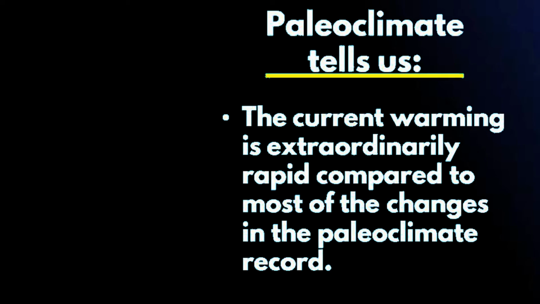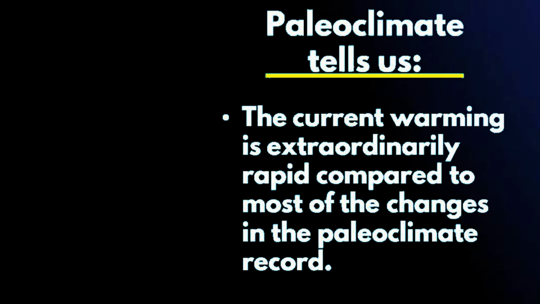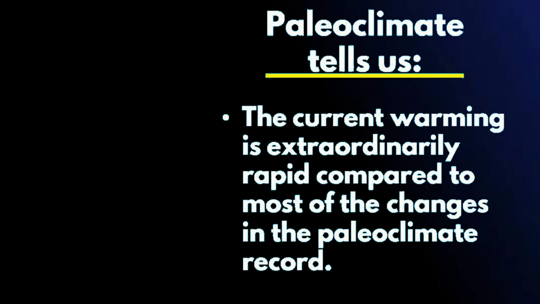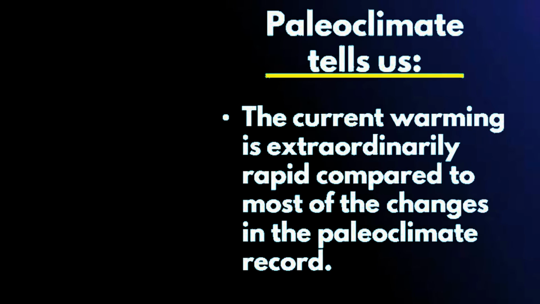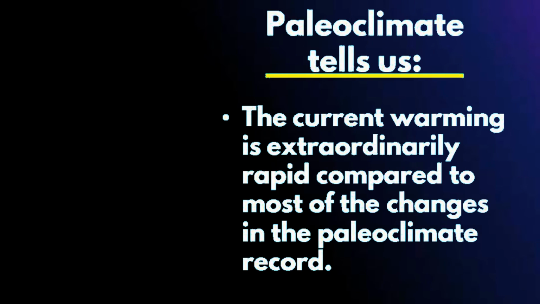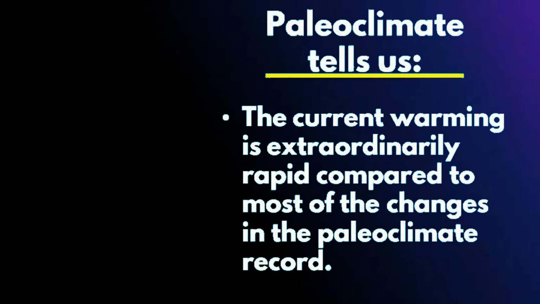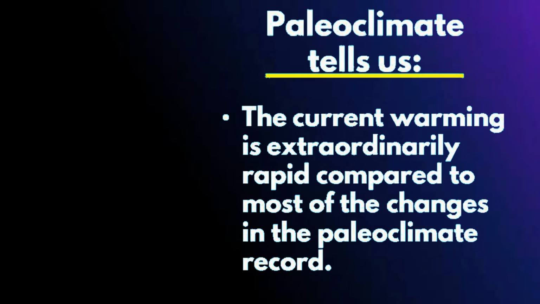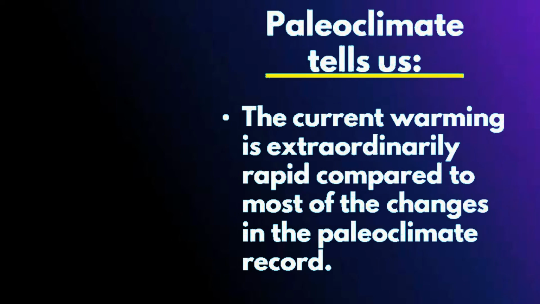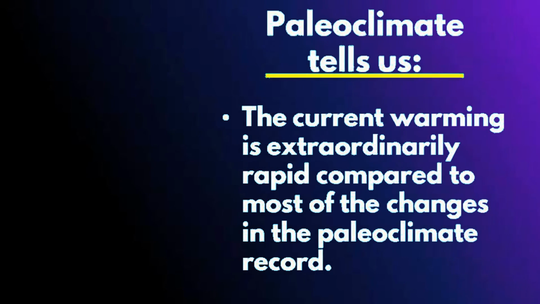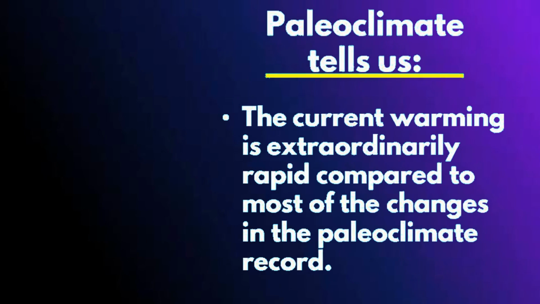But compared to pretty much everything that's ever happened in Earth's climate, what's happening now is really, really fast. Like hundreds of times faster than the climate changes we've seen at other times that were clearly natural because we weren't here. That's really scary.